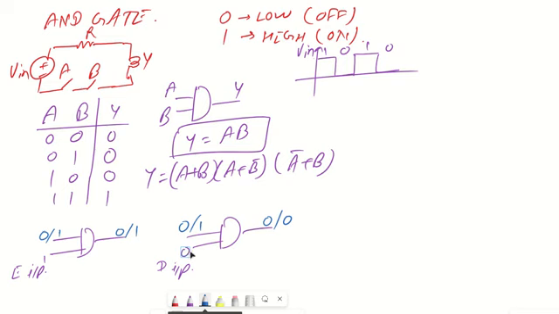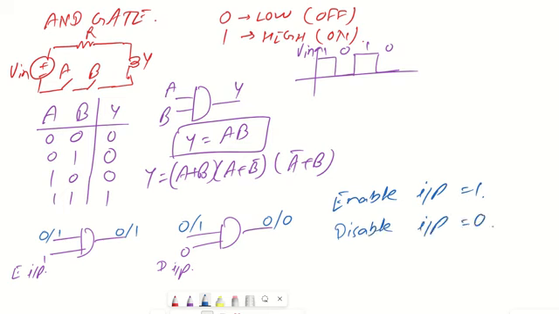That's the reason it is called the disabling input. In short, enable input is equal to 1 and disable input is equal to 0. If you keep one of the pins as 0, then the output will always be 0.